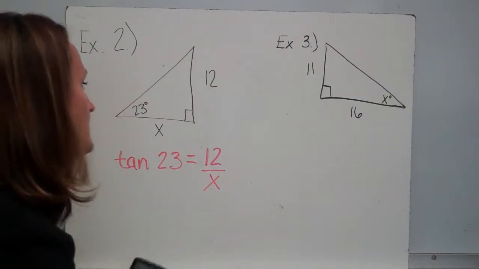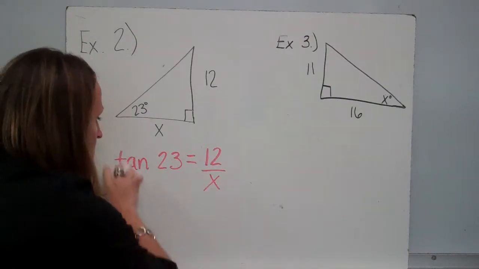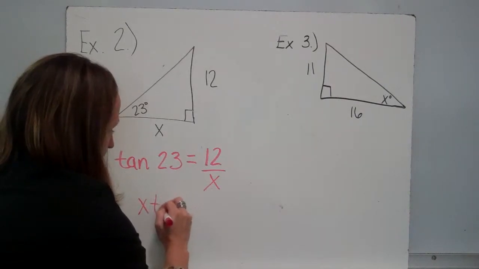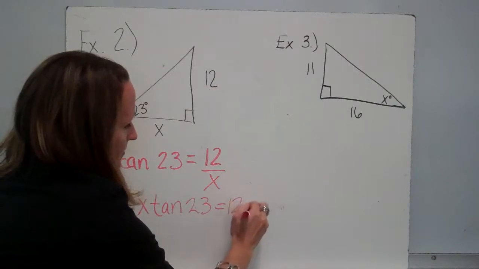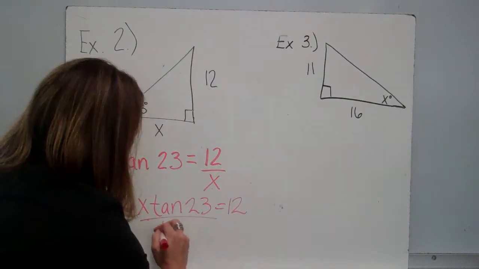And we haven't done a lot of these. When your x is on the bottom, there's an extra step. So you know to solve an equation, you multiply by x over here. But you still have to divide to get x alone.